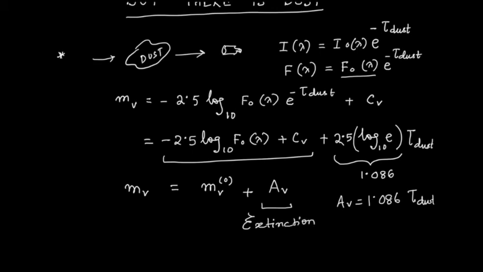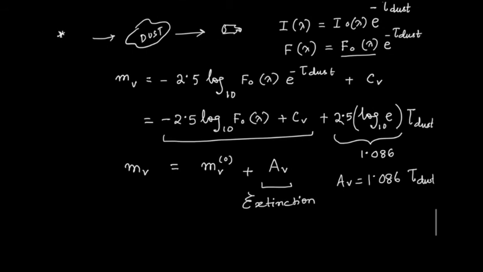By the way, the same extinction happens because of our atmosphere, and for optical astronomy observations, you actually have to correct for that. I did not talk about it in our lectures, but just keep it in mind. Now this I called for the V band.